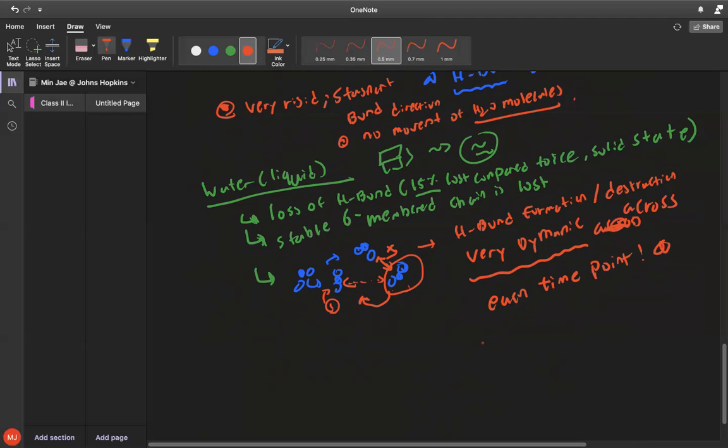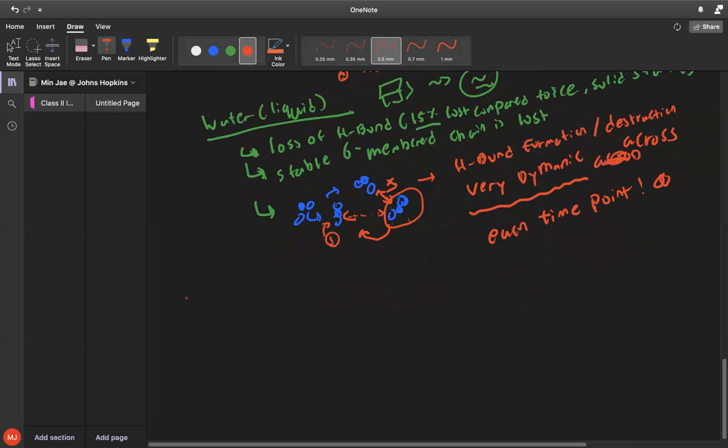Now, one of the consequences of having hydrogen bonds is that, because there is an extra strong attraction in addition to the van der Waals forces that I mentioned in my previous lecture, it actually increases the boiling point of a molecule.